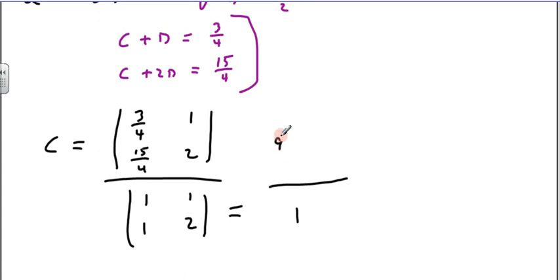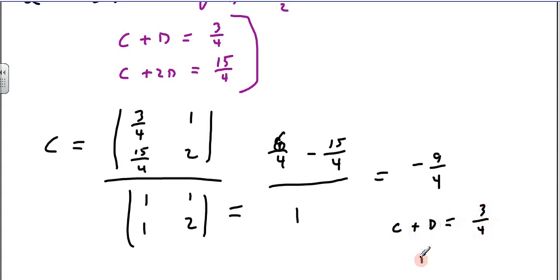I have 6. 6 times 2 is 6. 6/4 minus 15/4, giving me minus 9/4. Okay, so if C is minus 9/4 and C plus D is equal to 3/4, then D had better be 12/4 or just a 3.